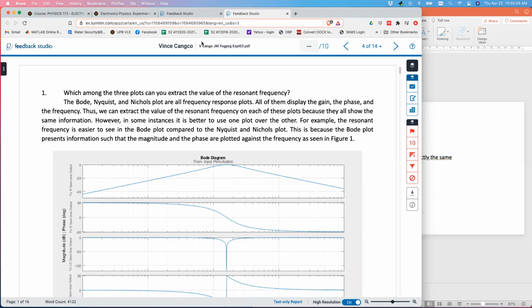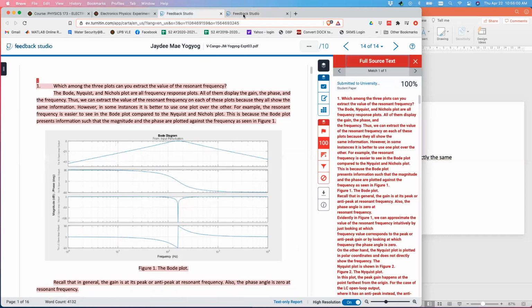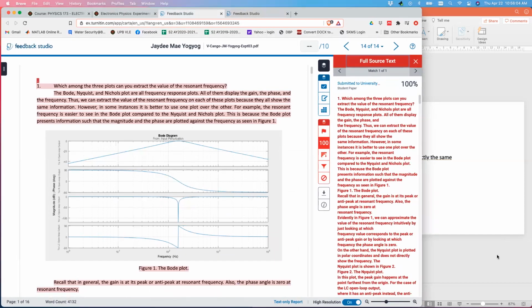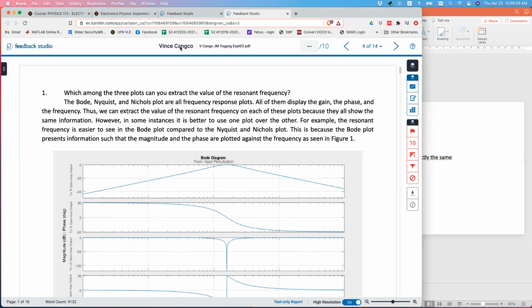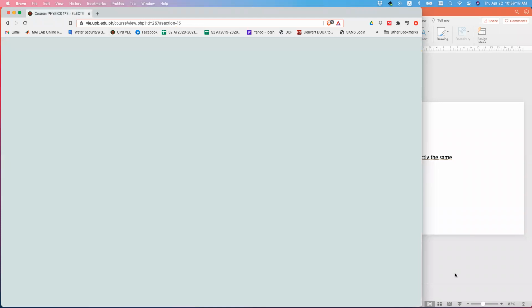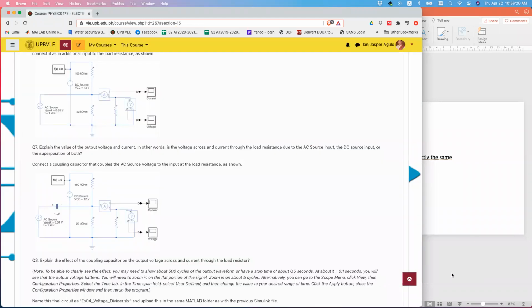So makikita dito, ayan, lumabas kanina dito ang submission ay kay JD. Ngayon, ang lumabas na submission ay kay Vince. Okay? Kasi sinasabi ng Turnitin na pareho kayo ng work ni Vince. Okay? So that's one way for us teachers to check at least for 173 para malaman ko na pareho kayo ng submission.